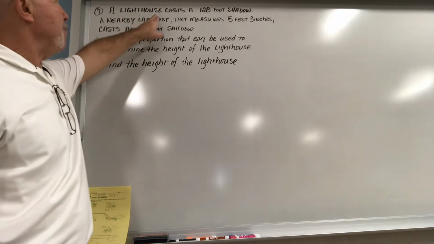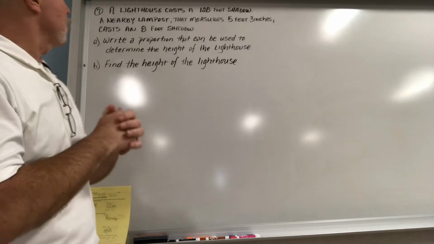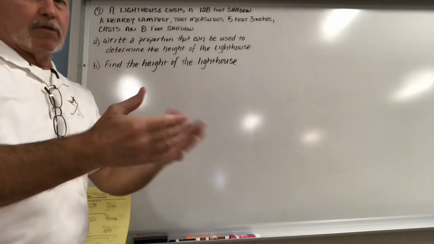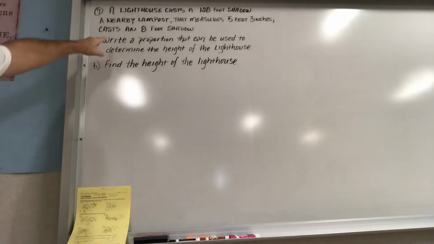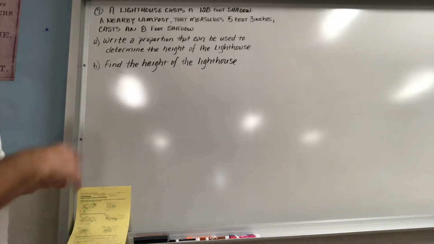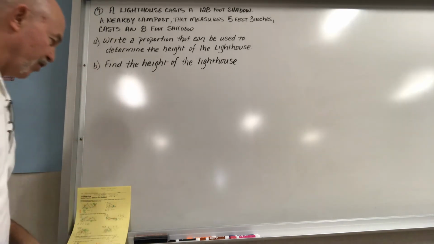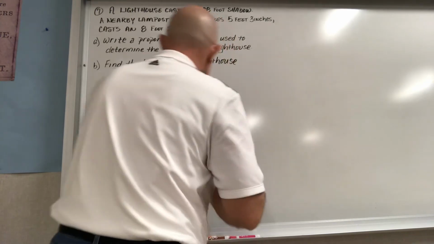Nearby lamppost that's 5 feet 3 inches tall has an 8-foot shadow. Clearly we're dealing with a proportion. Write a proportion that can be used to determine the height of the lighthouse and then find the lighthouse.